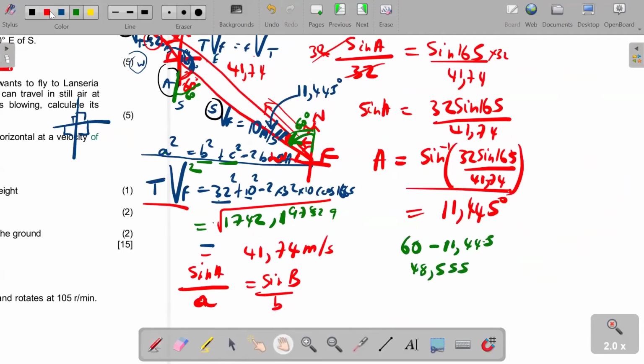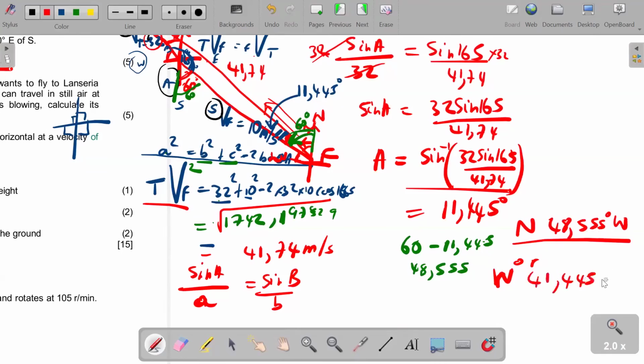Our direction becomes north 48.555 degrees west. Or we can say west, right? 90 minus 48.555, we get 41.445 north. It's basically one and the same thing.